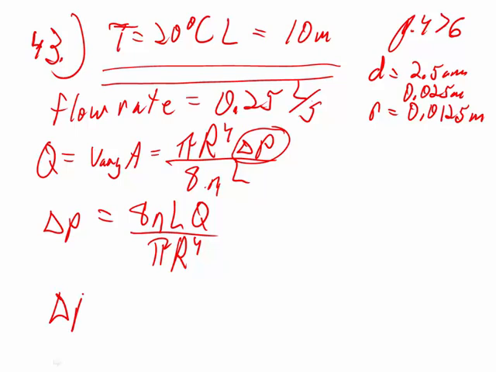So let's plug everything in. So we got 8 times, and what was that value? We have to use the nu for the hose, and you have to go to the chart in the text.